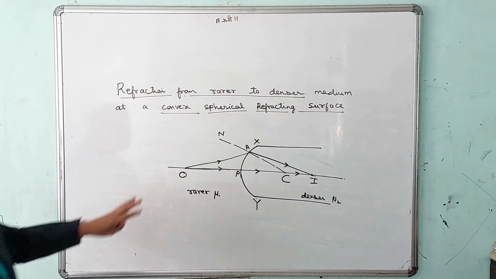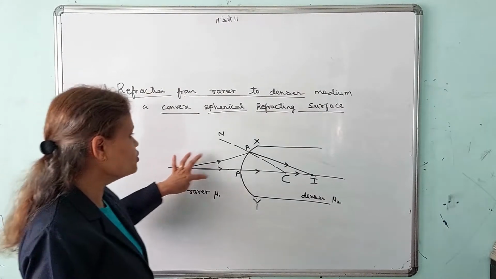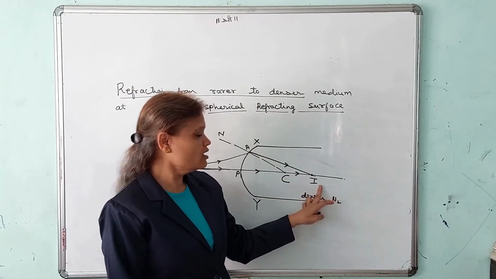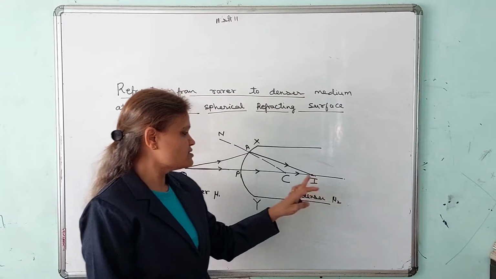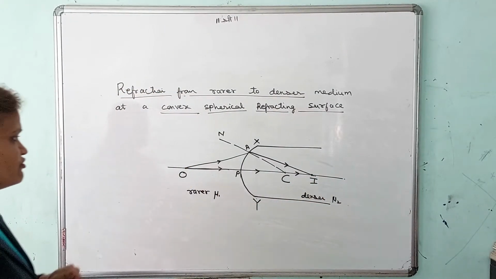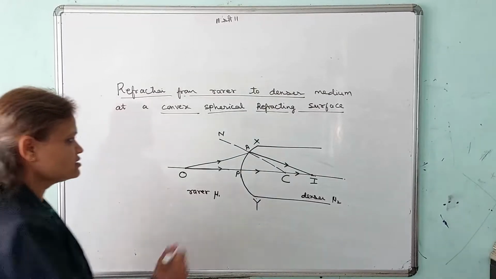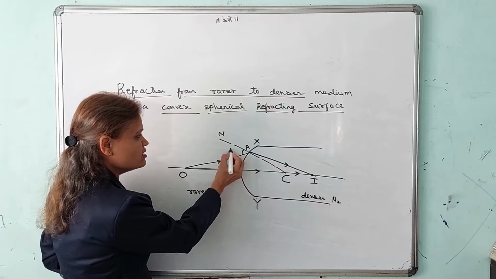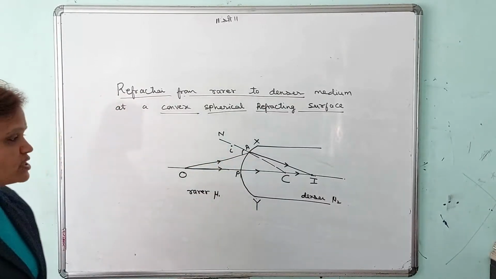Now once you have shown the object, we have considered two rays coming from the object. After refraction they are intersecting at point I. That I is the image of the point object O. Now we are going to mark some angles. See, this incident ray makes an angle i, angle of incidence, with the normal.